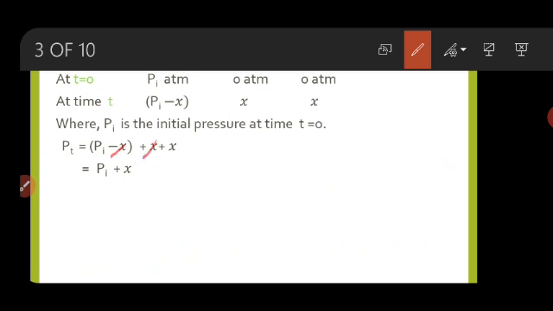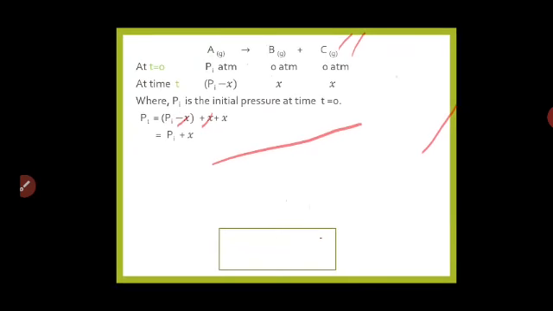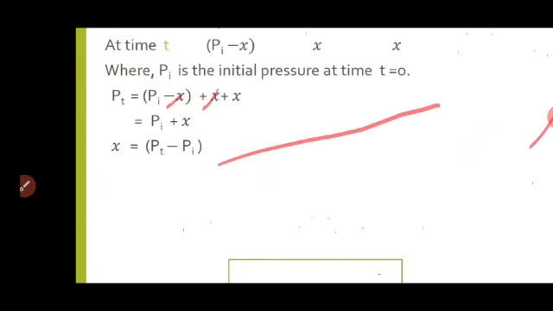So what remains is Pi plus X. Then next, X is equal to Pt minus Pi.